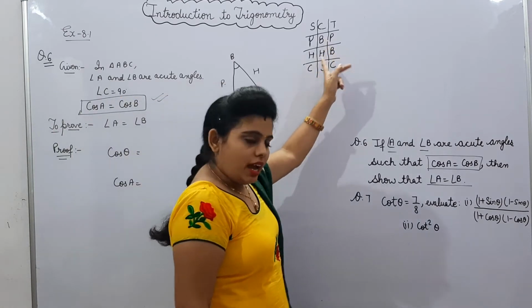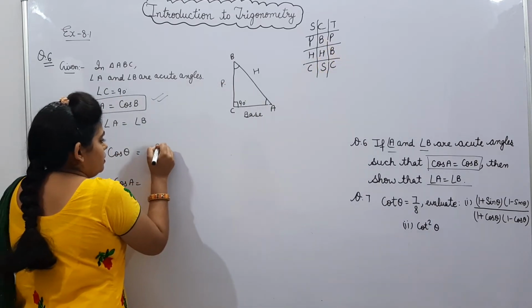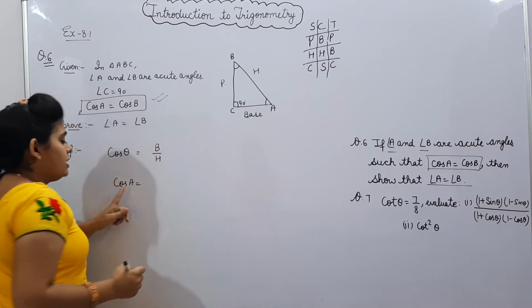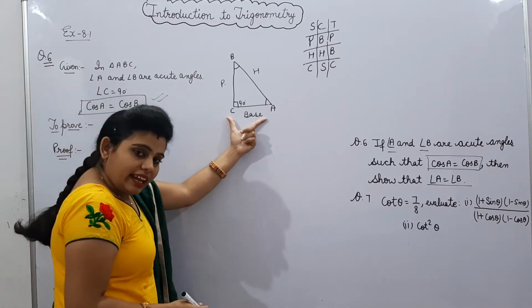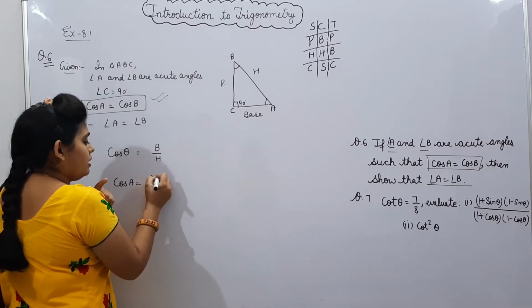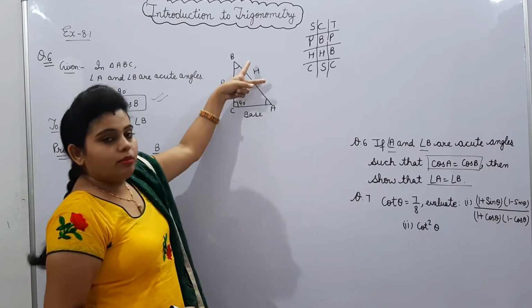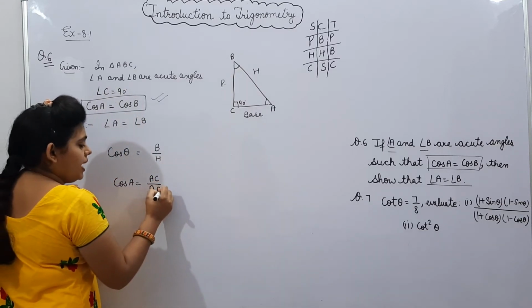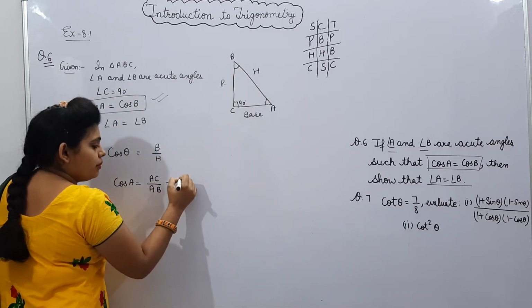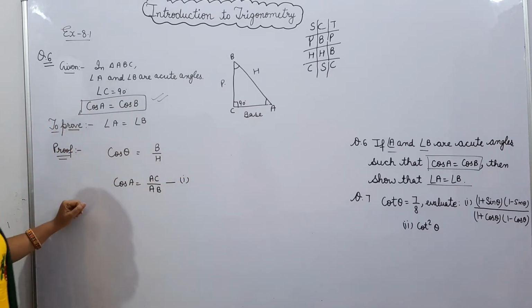Base upon hypotenuse. If theta is A, then base will be AC and hypotenuse will be AB. Let it be equation number 1.